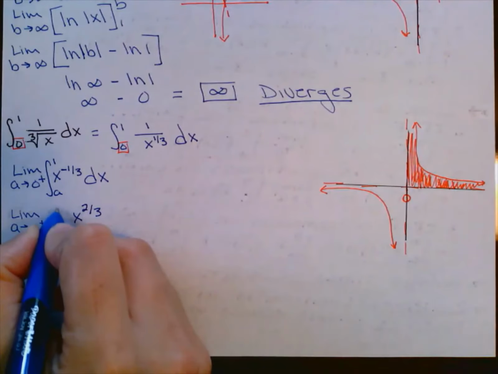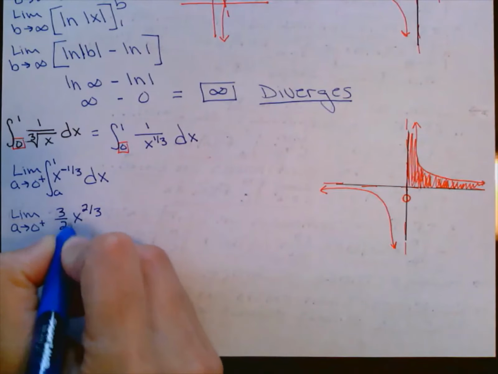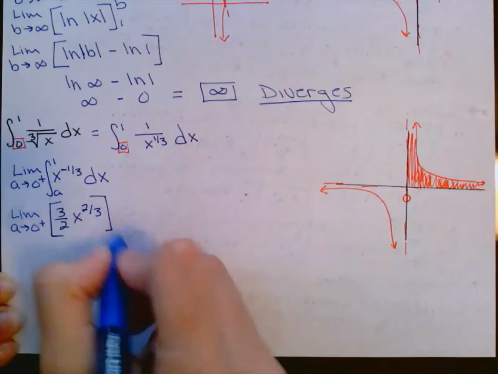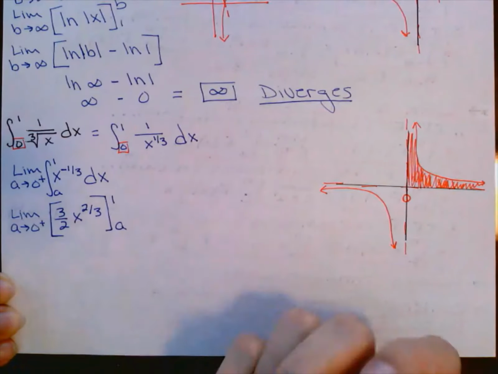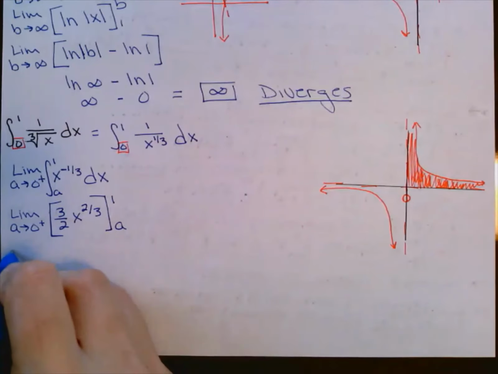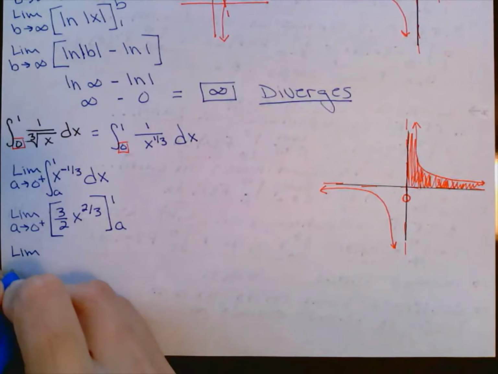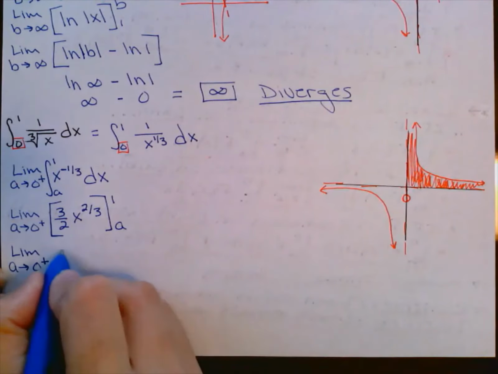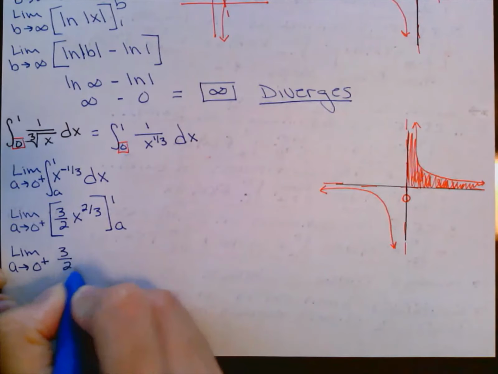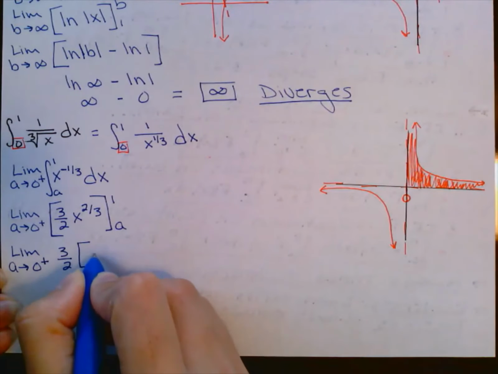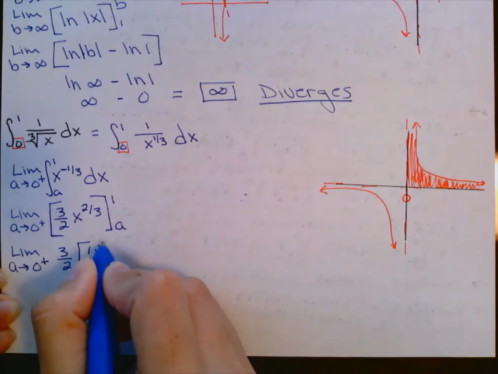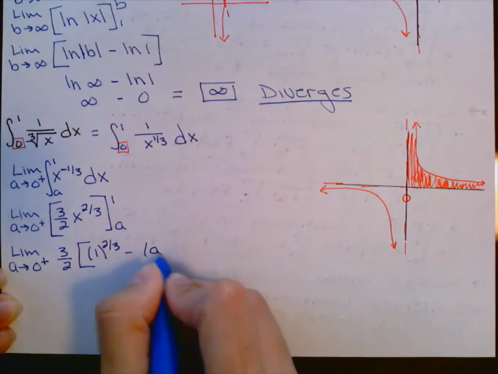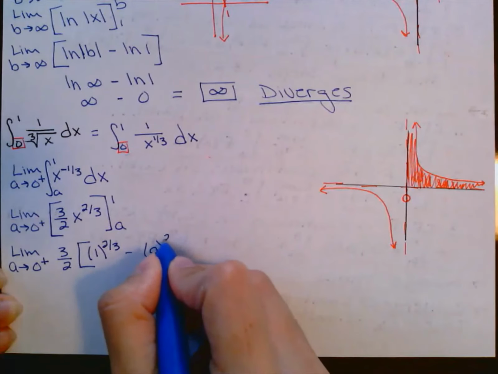Divide by my new exponent, which is 3 over 2. And I'm doing this from a to 1. Okay? Now I'm going to keep that 3 over 2 on the outside, and I'm going to say my function at b, which is my top number, minus my function at a, which is my bottom number.